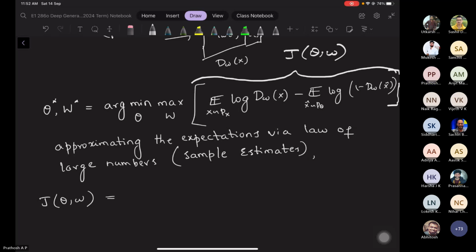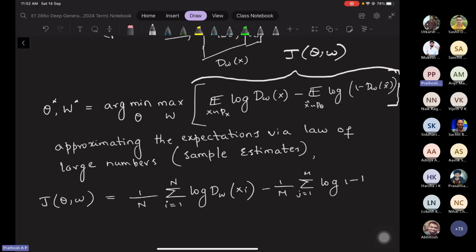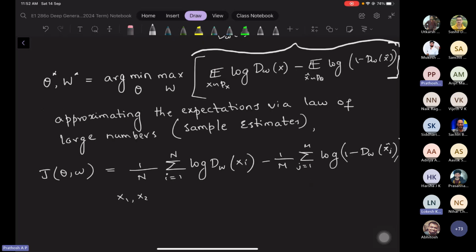This is equal to, we have N samples of data, so 1 by N, sum over i equal to 1 through N of log of T_W of x_i, minus 1 by M, sum over j equal to 1 through M of log of 1 minus T_W of x cap j, where x1, x2 up to xN are coming from p_x, which is the data, right?